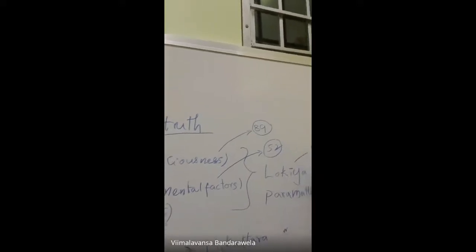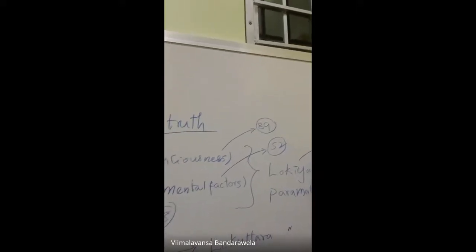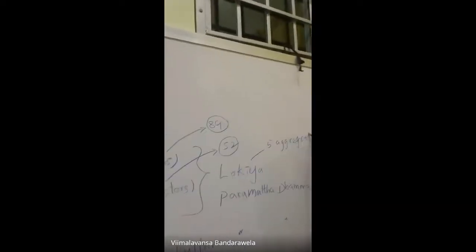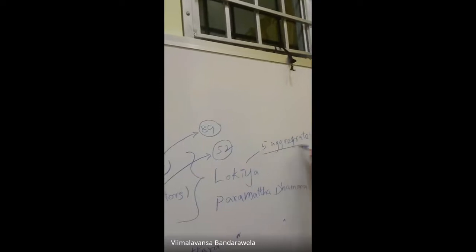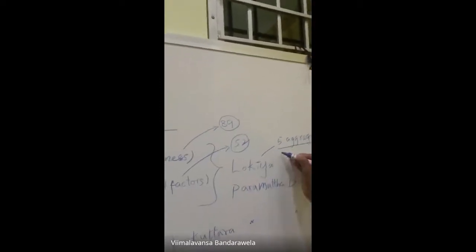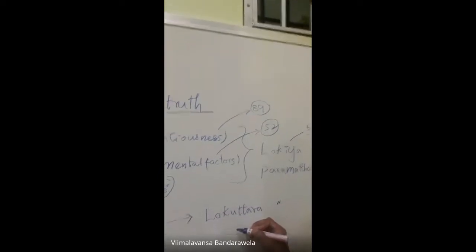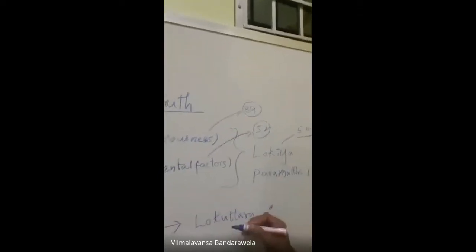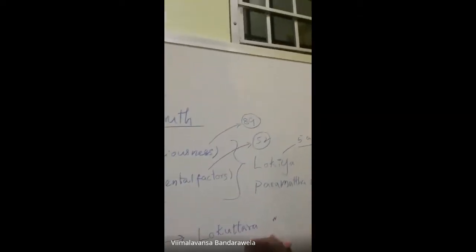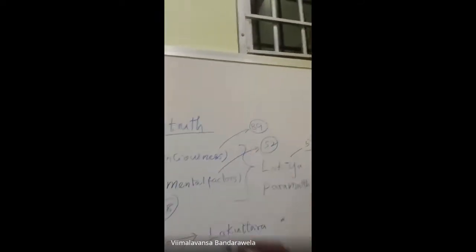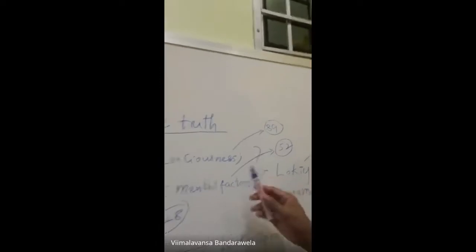So Lokiya means the five aggregates. If you transcend these five aggregates by meditation, this is Lokuttara. So this is the basic thing we discussed last day.